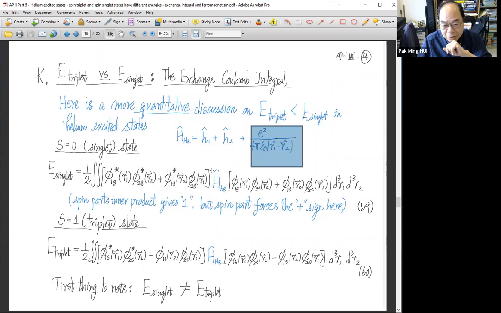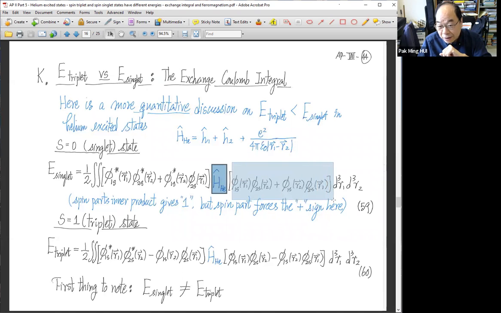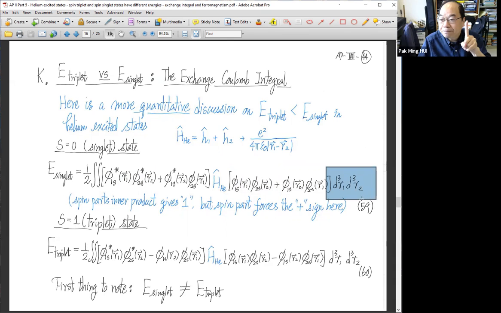So we have 5 terms. Then we have another 2 terms. So how many integrals do we have to do now? Do you know what's going on? I have to pick this, multiply into this, and then multiply into this and do this integral. That's 1 term. You understand? Okay, so I have many terms here.